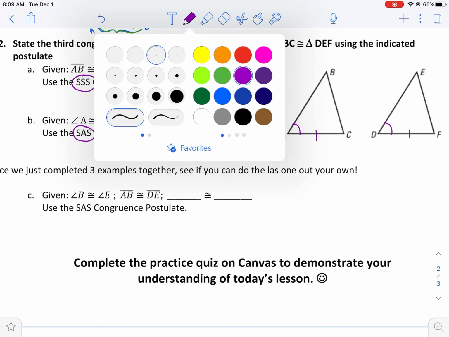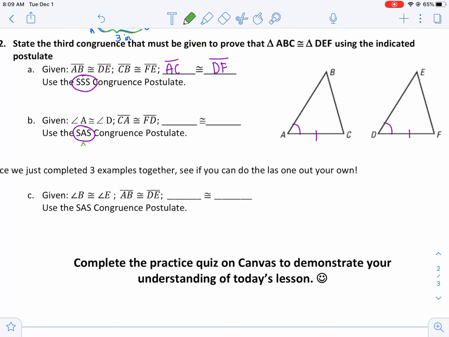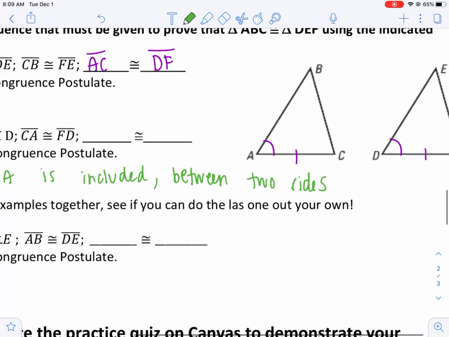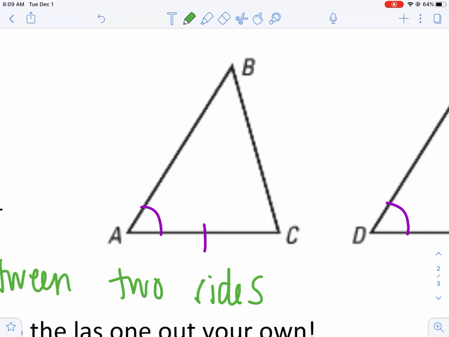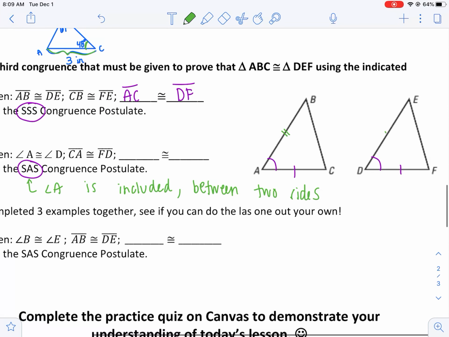So if it's the side angle side postulate, that means our angle A is included, meaning between two sides, formed by two sides. So what other side forms angle A here with AC? Well, that would be AB, because then we've got that nice angle formed between those two lines. So we're going to write that side AB is congruent to side DE.